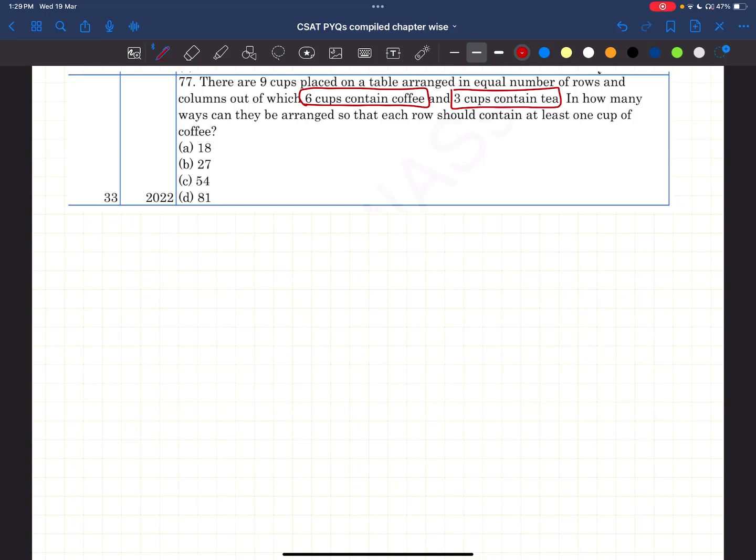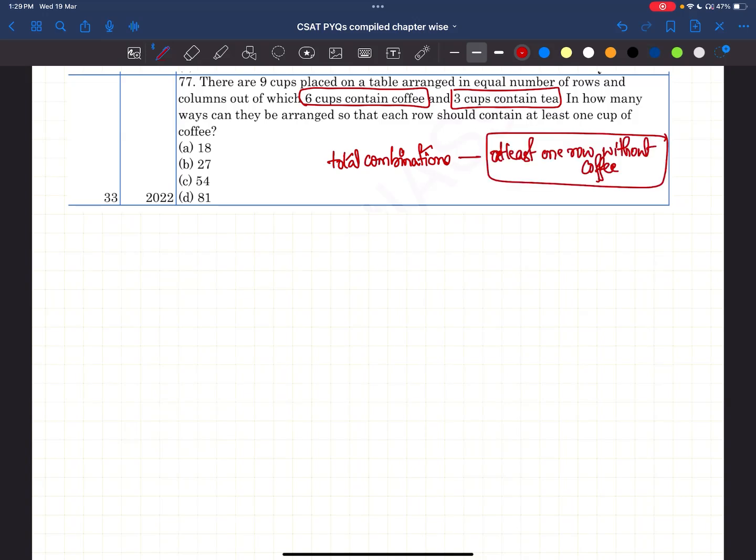What we'll do is calculate total combinations minus at least 1 row without coffee. What will be the combinations? 9 positions, we have to fill them, right? That means 9 cups, 9 factorial.